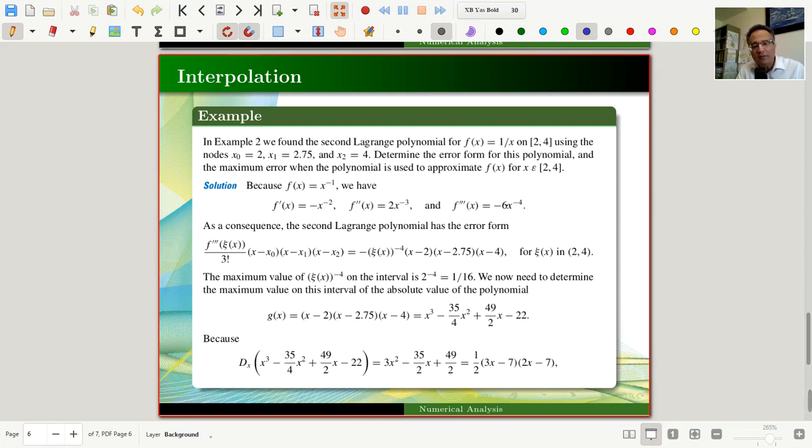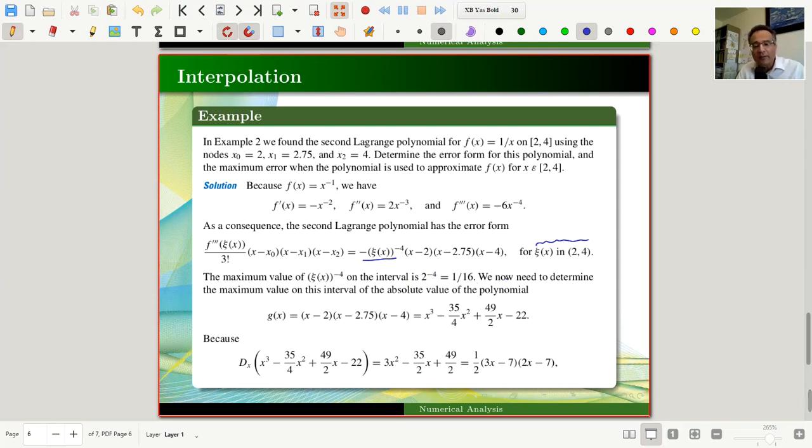The 3 factorial and minus 6 cancel, and just this term remains. Also we put 2, 2.75, and 4 instead of x0, x1, and x2 here. We know this is true for xi of x in the interval 2 to 4. The maximum value of xi of x to the power of minus 4 in the interval 2 to 4 is 2 to the power of minus 4, which is 1 over 16.